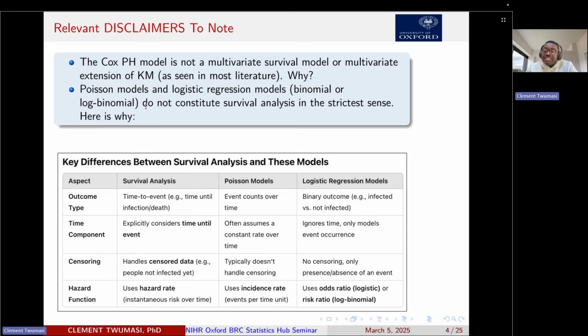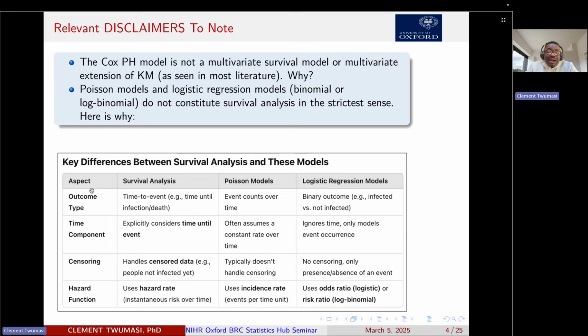In the stricter sense, they are not, because the outcome is not a time to event outcome. So that's one thing I want us to understand. You could be modeling a survival outcome which is binary, but it doesn't mean you are doing survival analysis. So let's be very careful about that.